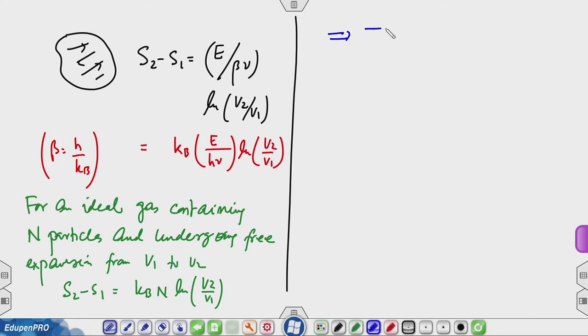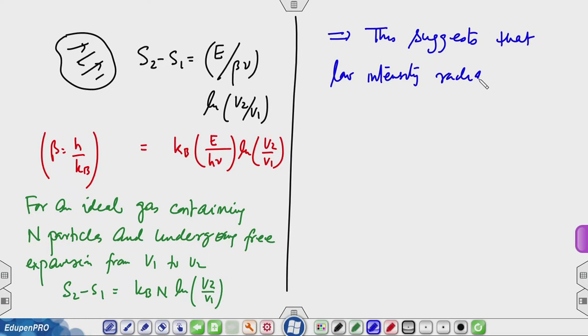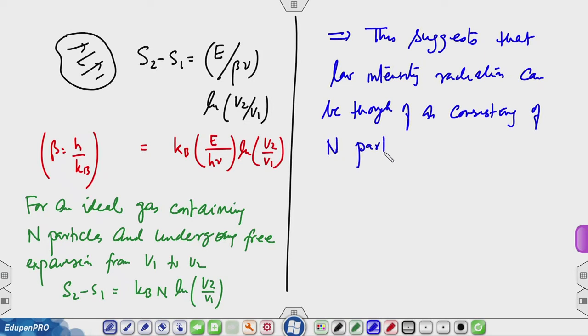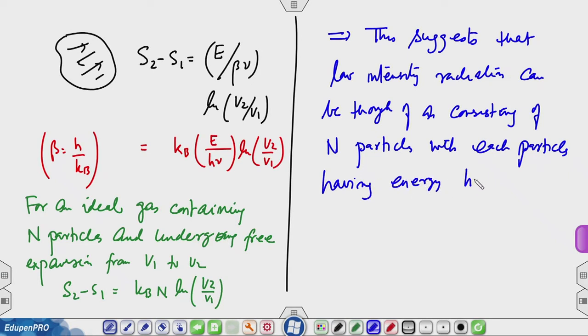And this suggests that low intensity radiation can be thought of as consisting of n particles with each particle having energy h nu, which implies that n is going to be E divided by h nu.